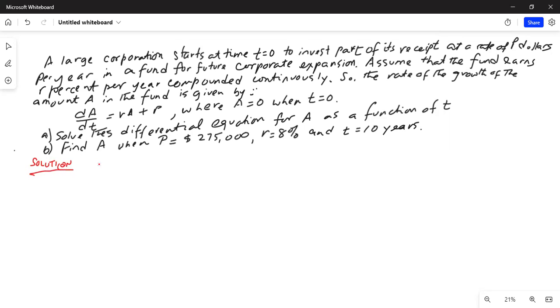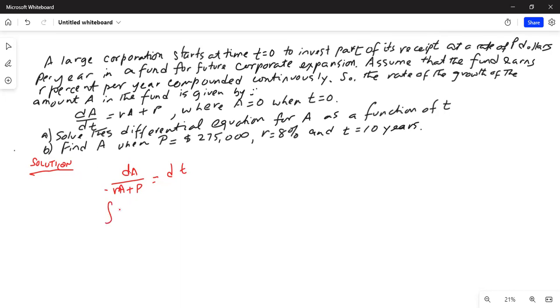Okay. So we will separate the variables. So we will do dA divided by RA plus P on both sides. dA divided by (R times A plus P) is equal to, we multiply by dt on both sides. And then we will integrate.